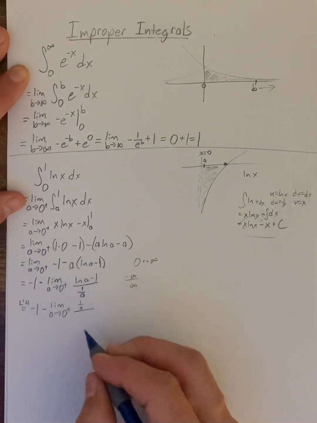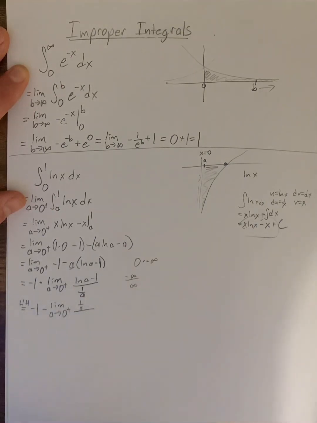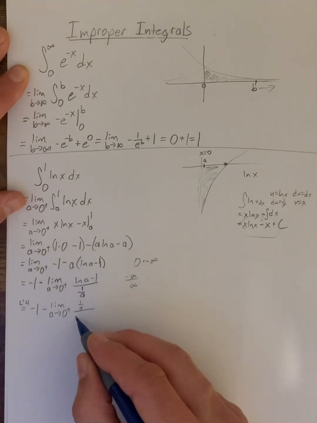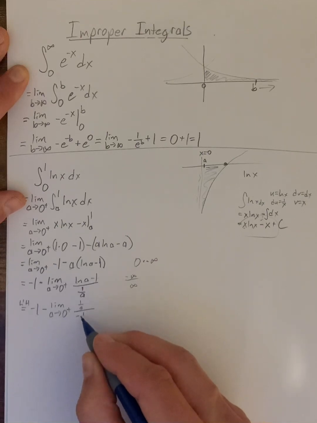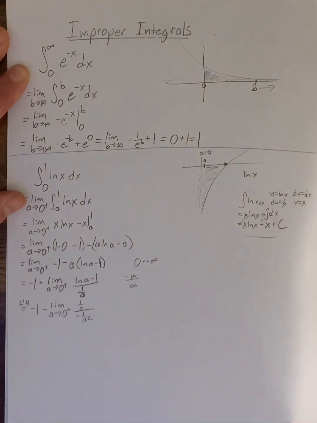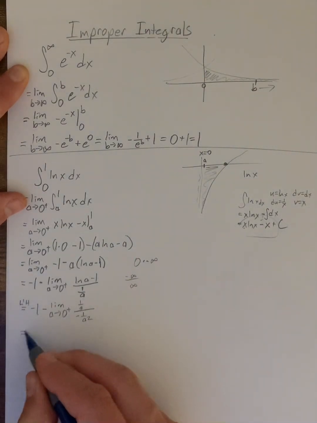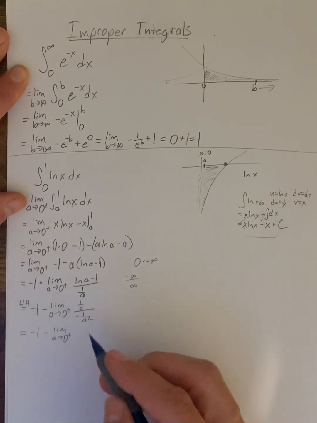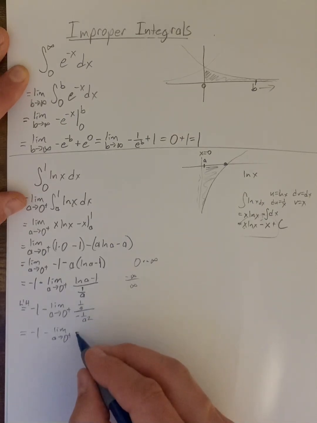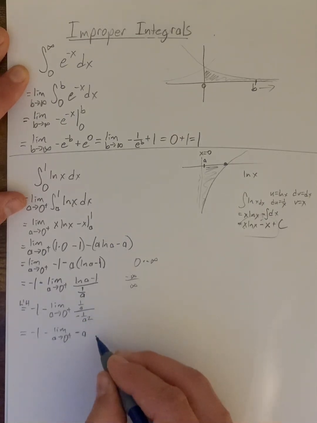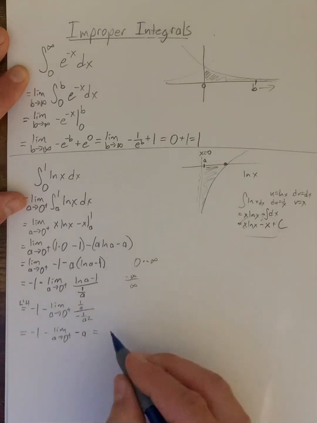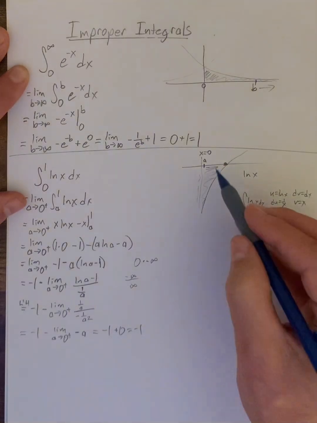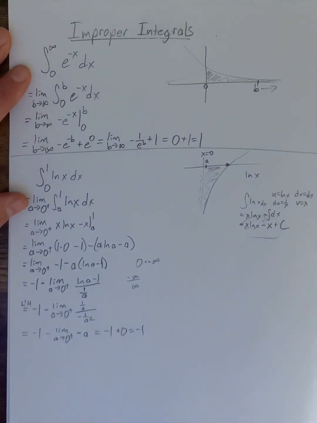The derivative of 1 over a, or a to the negative 1, is negative 1 over a squared. Well, what is that? That's negative 1 minus the limit as a goes to 0 of, taking the reciprocal, negative a. What is that? That's 0, so negative 1 plus 0 is negative 1. That signed area is negative 1.